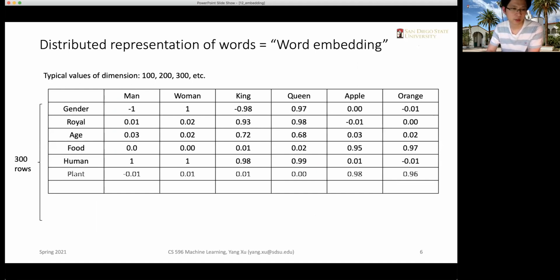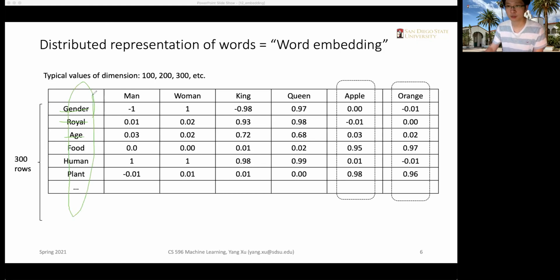Ideally we want to have meanings for those features, but it is not doable to ask the first dimension to represent gender, the second dimension royal, the third age. So this is just imaginary. We can imagine that each row of these 300 rows represents some meanings, but we don't actually know what they refer to.